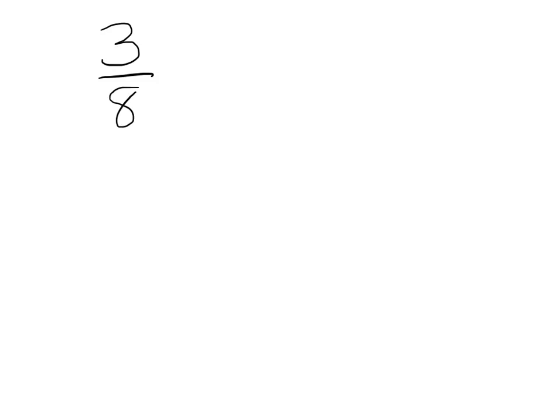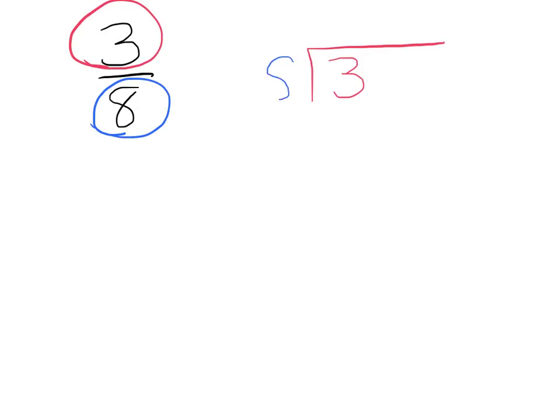3/8, I put the numerator inside and the denominator outside. And I say, how many times can 8 go into 3? Well, it can't, so I put a decimal and a 0. I pull that decimal up.